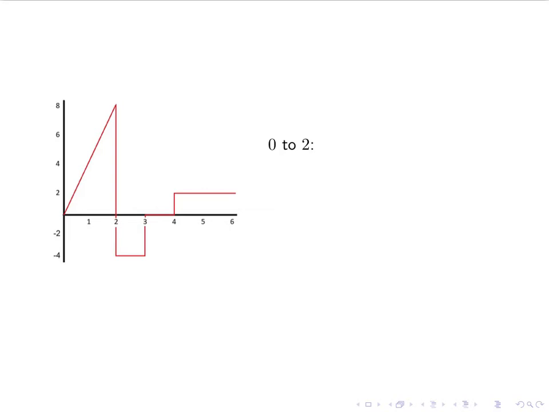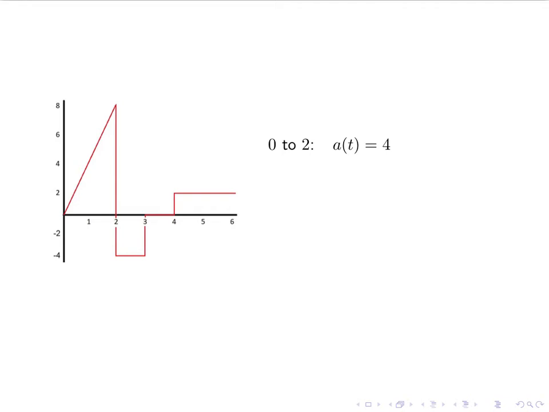So for 0 to 2, we're starting at 0, 0. We're ending at 2, 8. So that is a vertical change, or a change in y, of 8, and a horizontal change of 2. I'm also just differentiating 4t, right? So its derivative is 4.